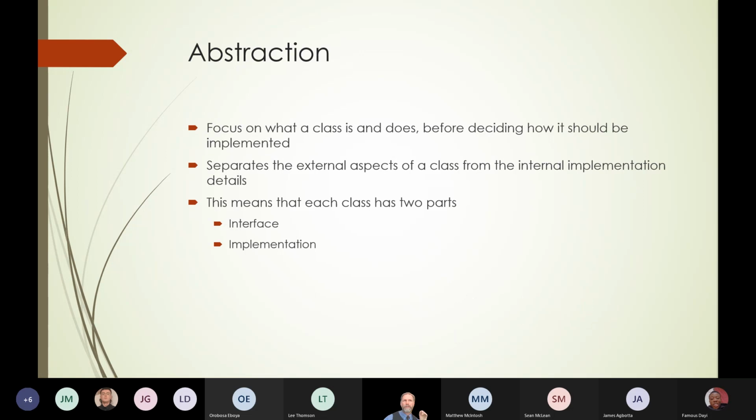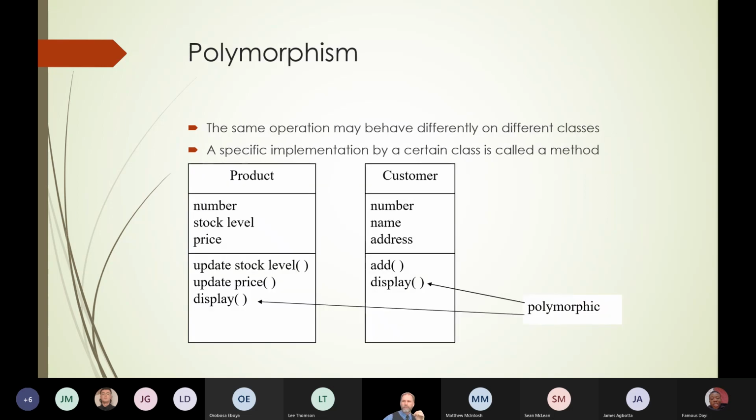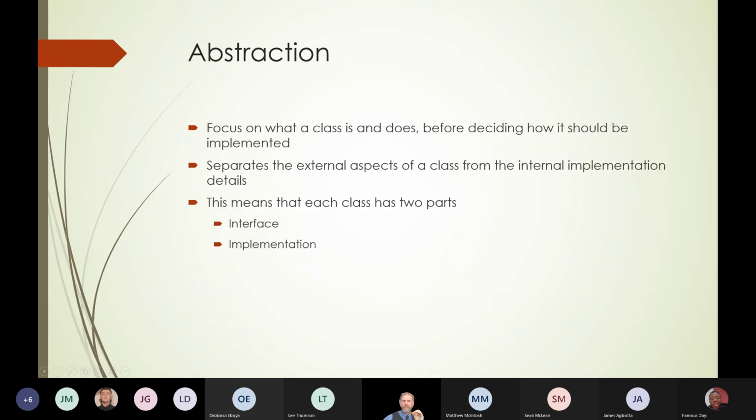So now we can start to think about those things. We need to abstract it. We need to think about what it is and what it does before we decide to set up the class. And we also need to think about what it consists of and what we do with it. So we display a product, we display a customer, but how we implement that, the internal implementation of that, is going to be different, clearly.